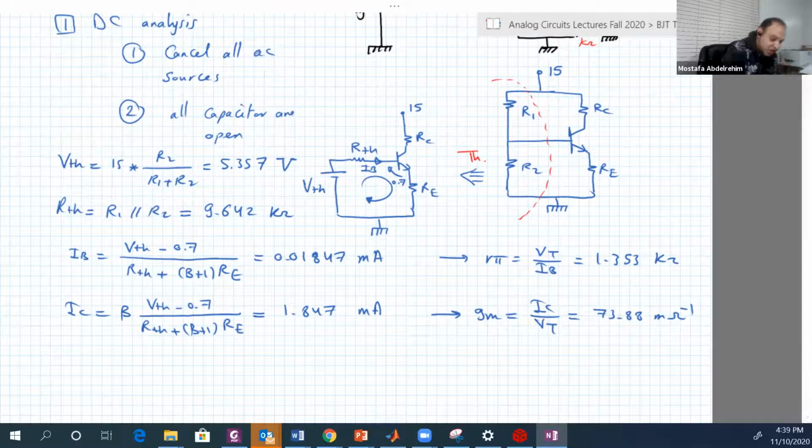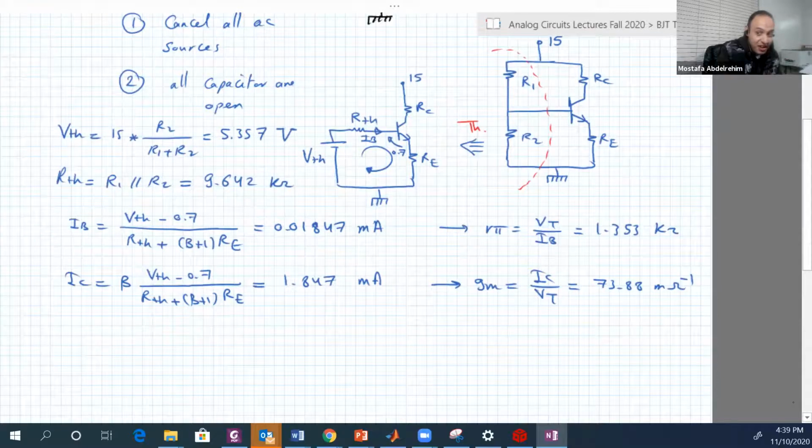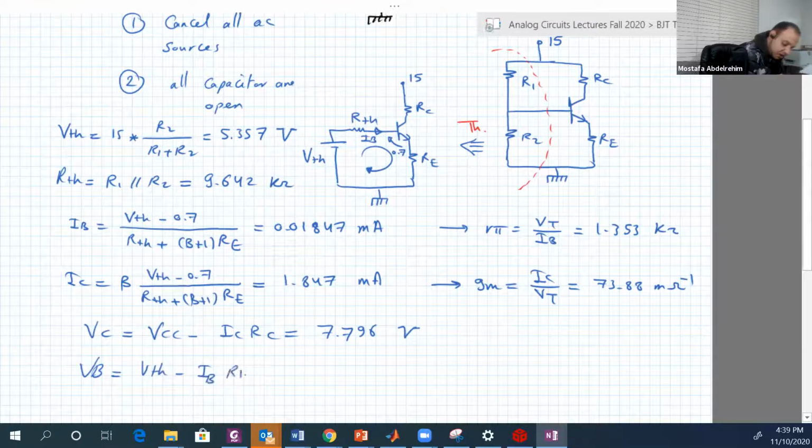We can do another step to check if we are really working in the active region, because it's an amplifier. We should be in the active region. So we can determine VC. VC is equal to VCC minus IC RC. We know all of that, so this will be 7.796 volt. We can determine VB. VB is equal to V7 minus IB R7.